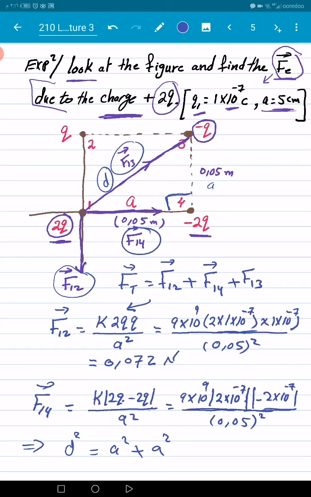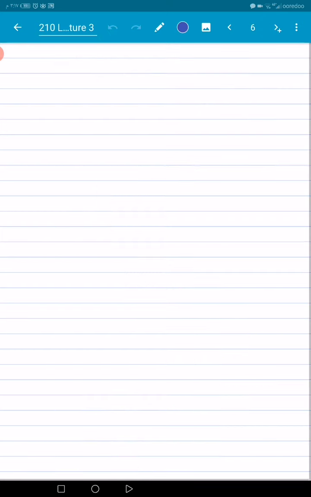So d squared is equal to 2a squared. Then d, just the square root, it's equal to a square root of 2.